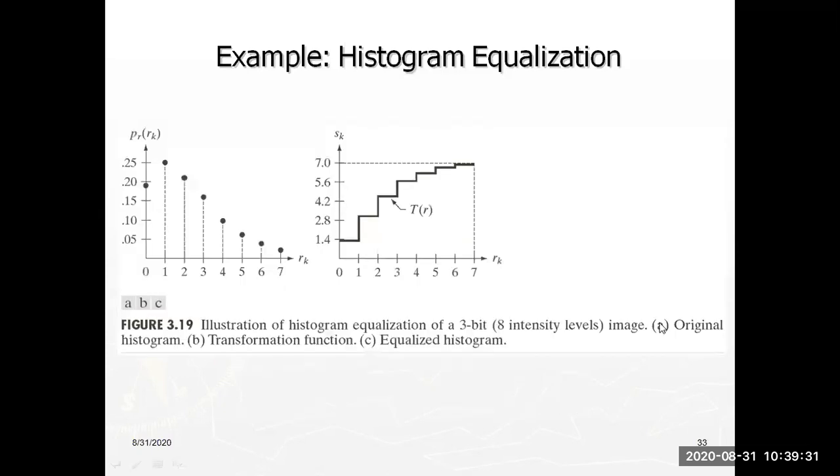By using those values, you can draw the equalized histogram. There are actually three figures: figure A, figure B, figure C. Figure A is original, figure B is equalized values, and figure C is normalized equalized values. So that is the equalized histogram, right? Just draw it yourself, don't worry, it is very easy.